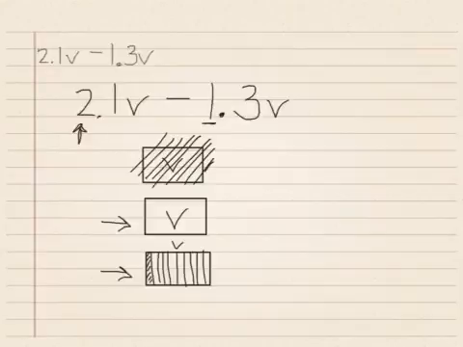Now we need to take away 3/10 of v. We could look at it as one whole group and 1/10, but we can also manipulate this group of v, while this whole thing still equals v, and cut it up into 10 equal slices as well.